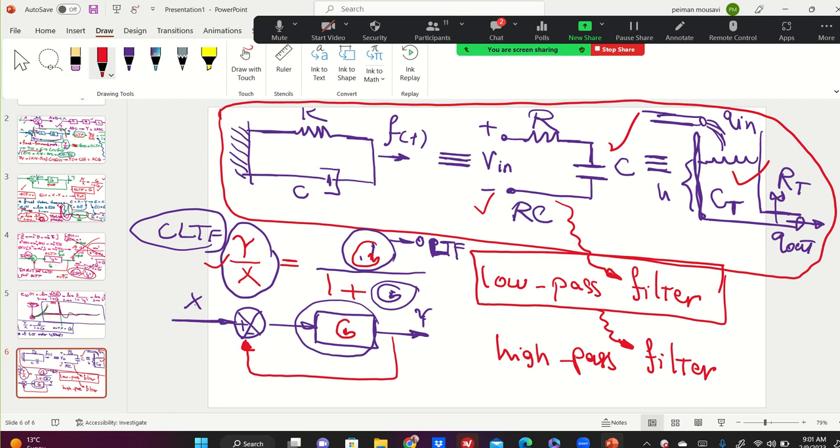You make the closed loop to make that happen.